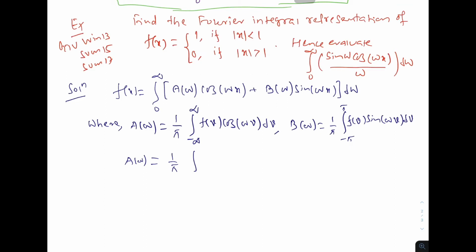But now let us see, the function is defined as 1 for modulus x less than 1, and the rest of it is 0. What does it mean? It means the function is defined like this: along R, it is defined from minus 1 to 1, with function value 1, and 0 elsewhere.